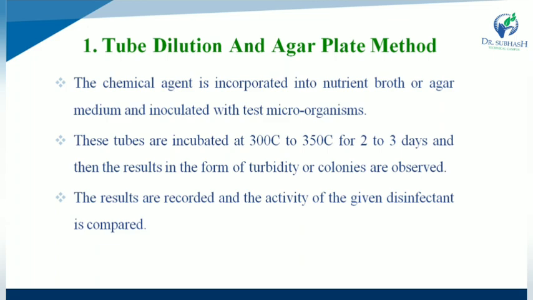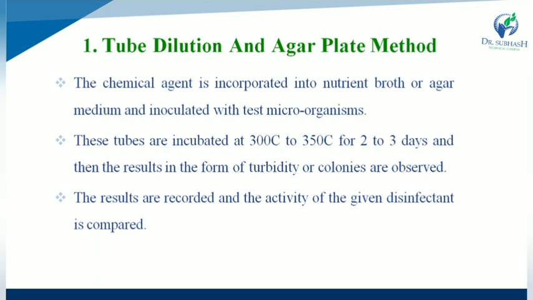So in the tube dilution method as well as the agar plate method, the first step is that the chemical agent is incorporated into the nutrient broth, which is in liquid form, or into the agar medium, which is in solid form. After that, the medium is inoculated with the test microorganism.